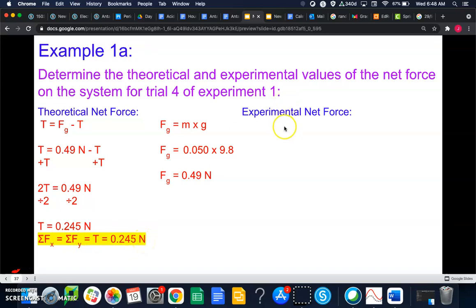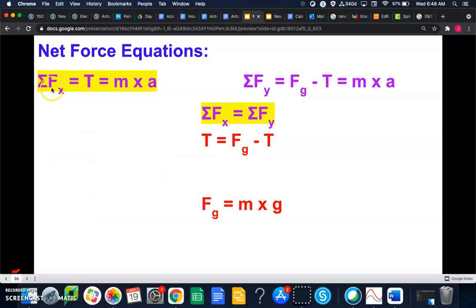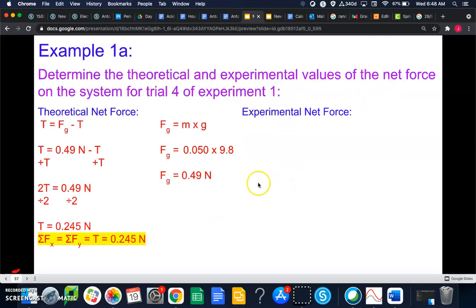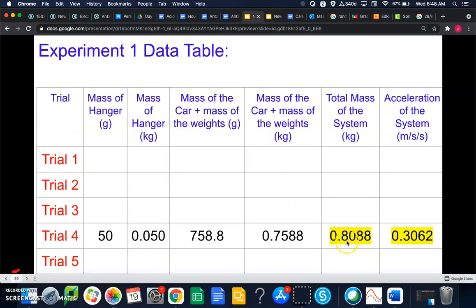Okay, so now we're going to calculate the experimental net force, and for that we're just going to use F equals m times a. And so we know that because our sum of forces in the x direction is equal to m times a, our sum of forces in the y direction should be equal to m times a. So we're going to take our mass. Now for this, we're taking the total mass of the system.